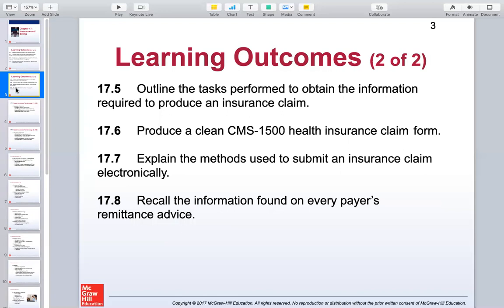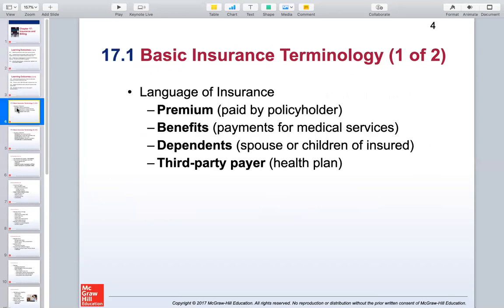We'll talk about different methods used to submit insurance claims electronically, like I mentioned before. And then we will go over the information that we would find on every payer's remittance advice. And I have a form that you guys can preview to see what that all entails.